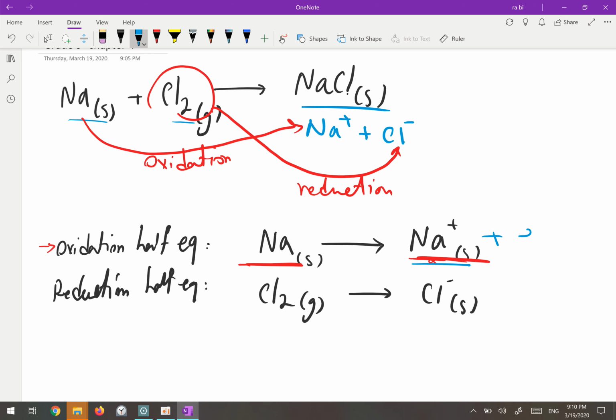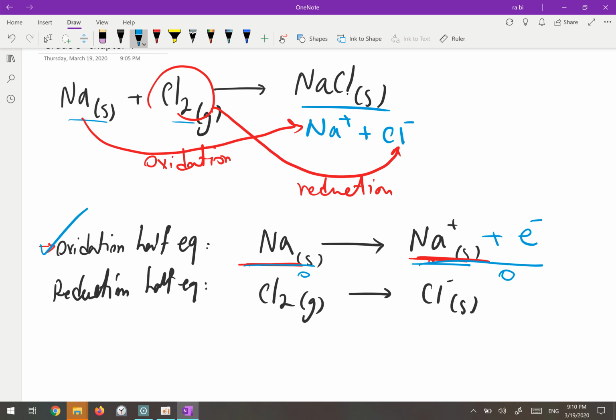Just one electron is enough, because this electron is negative and Na+ is positive. They cancel out each other, so the charge at the right side becomes 0, and at the left side it is already 0. So now this oxidation half equation is balanced, both their mass and their charge.